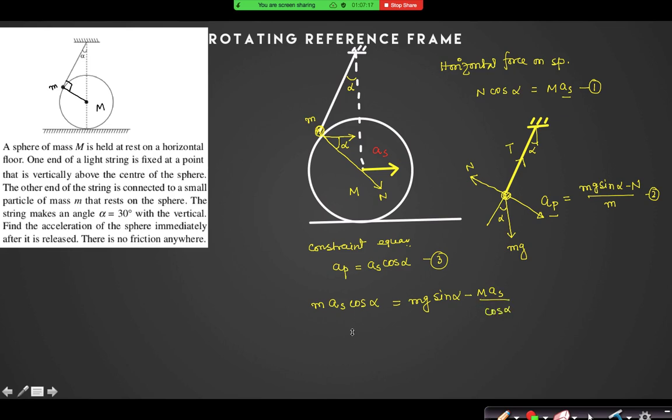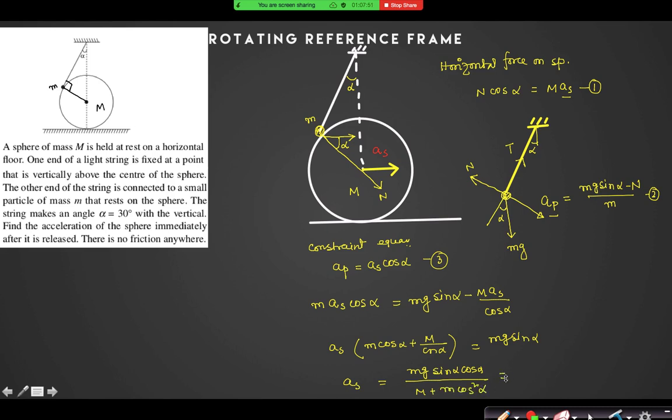If I take AS on one side, then AS into (m cos alpha plus M by cos alpha) is equal to mg sin alpha. So AS equals mg sin alpha cos alpha divided by (M plus m cos square alpha).